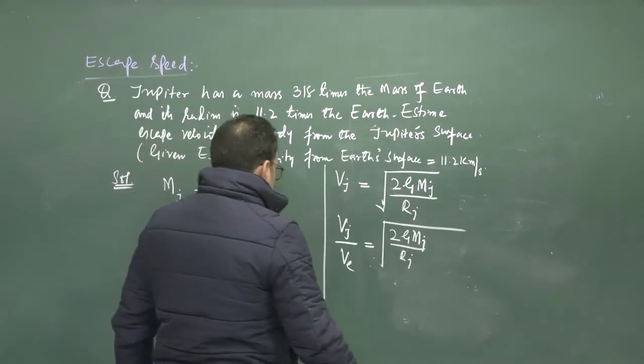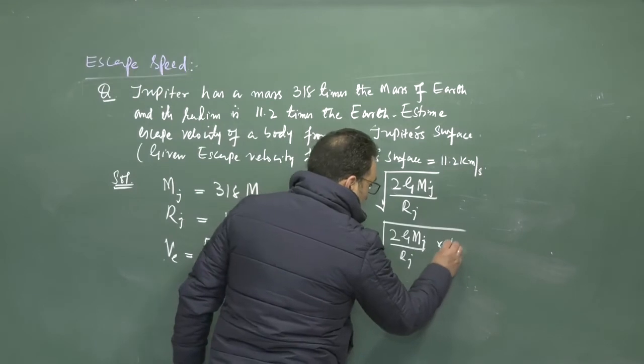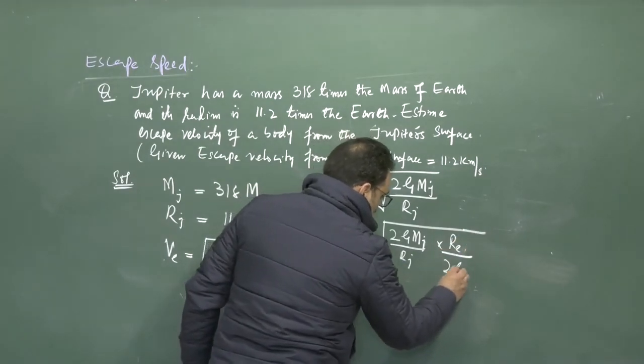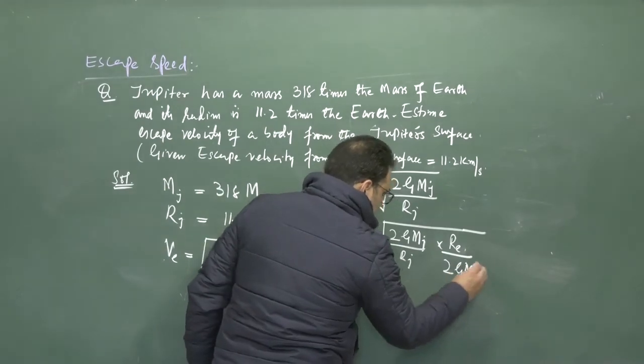But I can write this as Re divided by twice G Me.